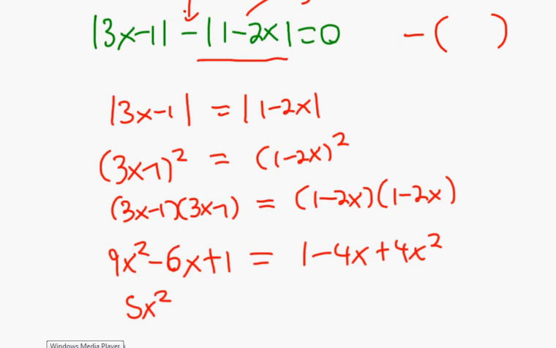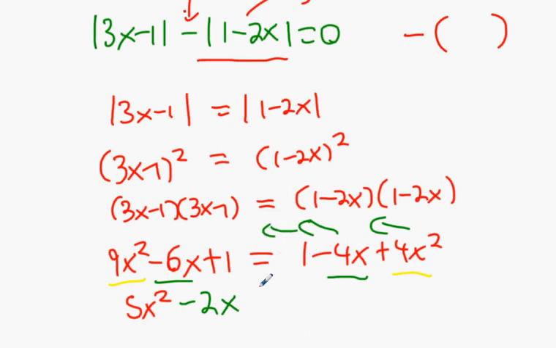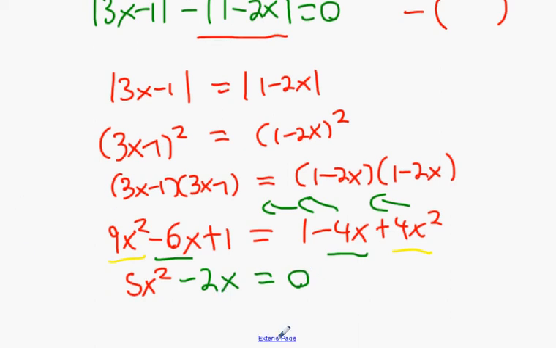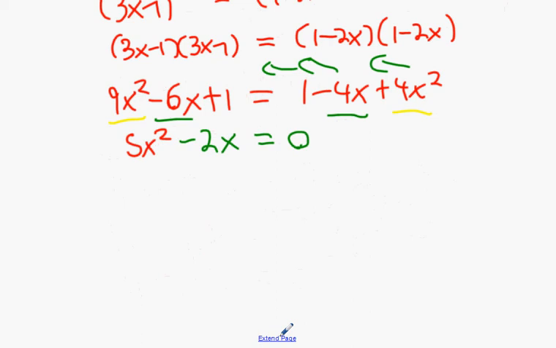Anybody know where I got that from? That one and that one. Minus 6x minus 4x, plus 4x, because when I bring the 4x over to this side, it's going to change sign. And when I bring over that 1, it takes away to leave 0. Now, we have an unusual one: we don't have a constant number this time.